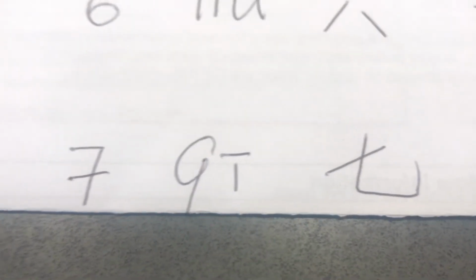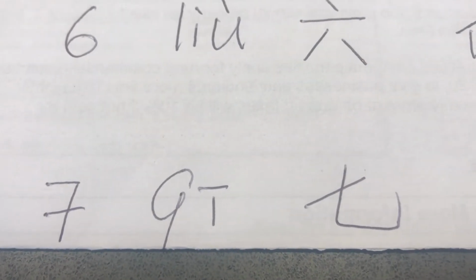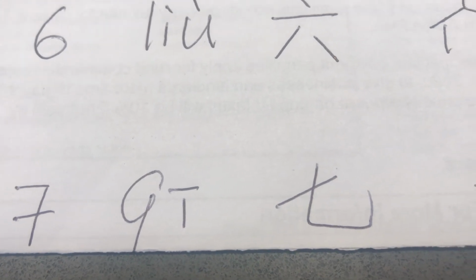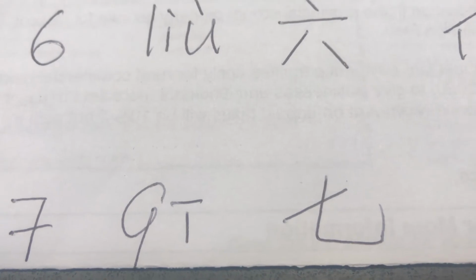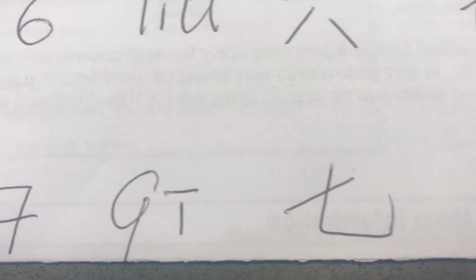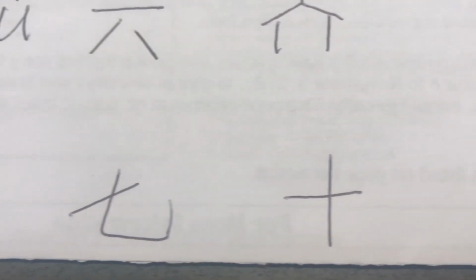Okay, now let's look at 7. First tone, flat. 7 nowadays is written like this, but at the very beginning, 7 was written like this. Some people may say this is not possible, because the cross these days means 10.